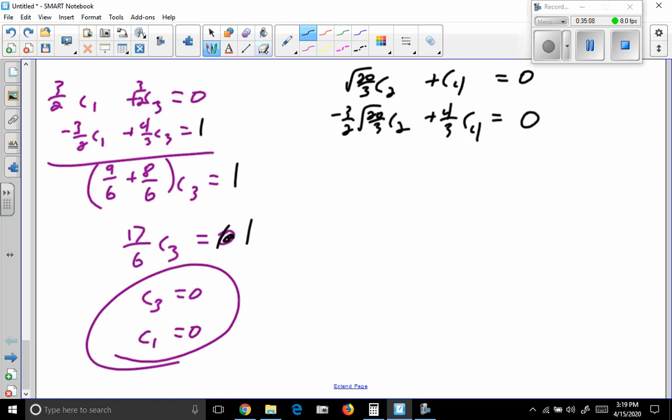So if we multiply both sides by the reciprocal, C3 is 6 over 17. C1 plus C3 is 0, so C3 equals the opposite of C1, or C1 is the opposite of C3.